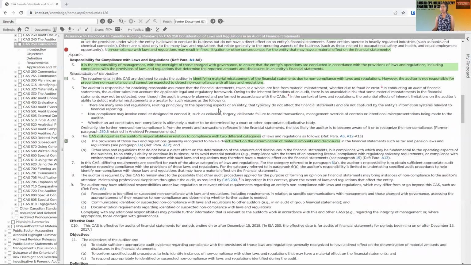Now, what is the responsibility of the auditor? In the next part, you will see that the basic responsibility for compliance always remains with management and those charged with governance, so that they should have standard internal control procedures.